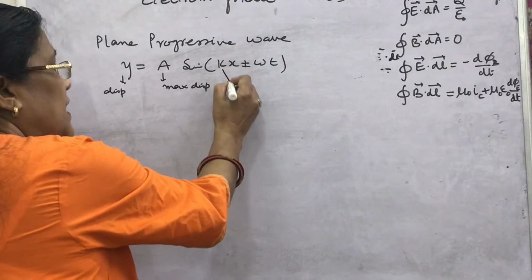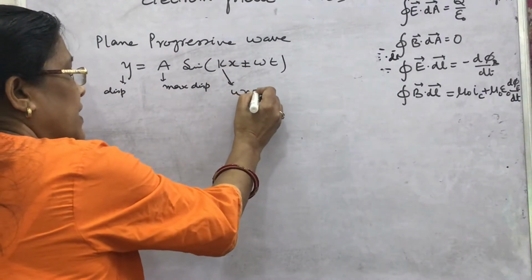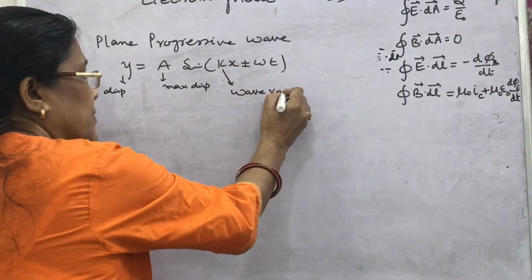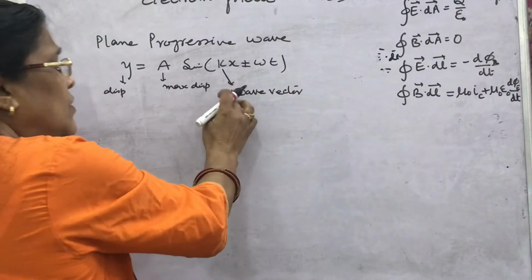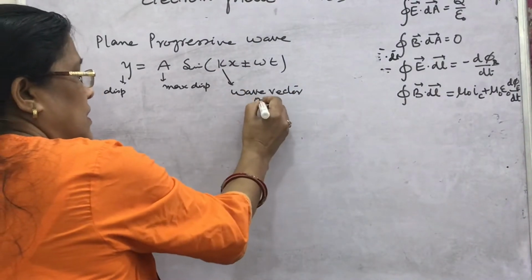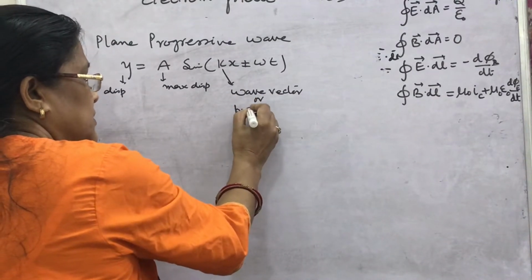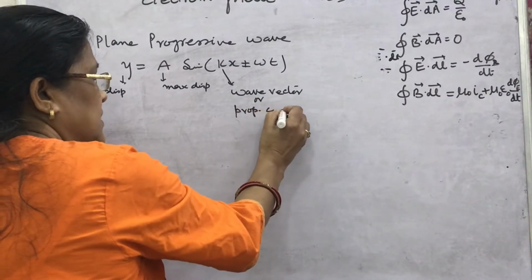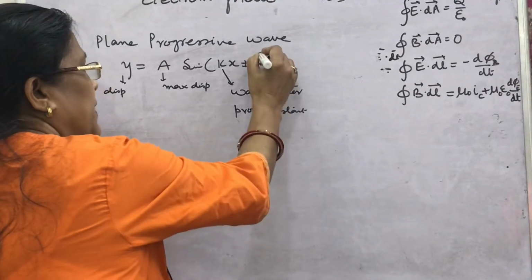This k is called the wave vector or propagation constant. Learn the names of the terms. What is omega?